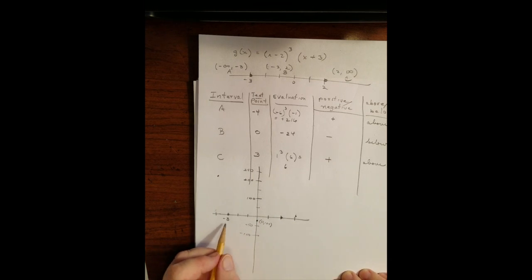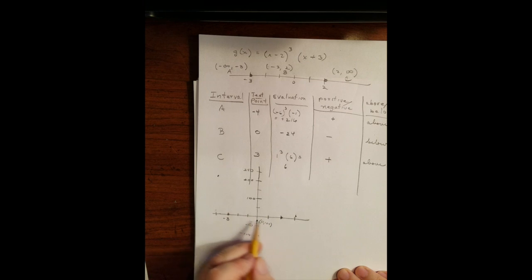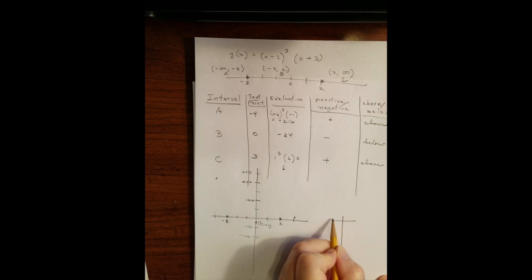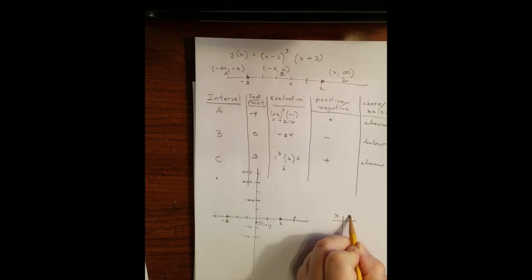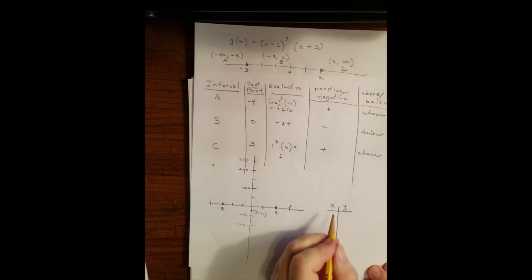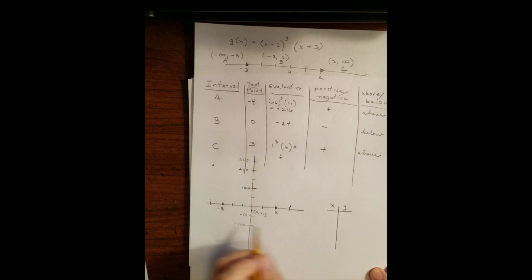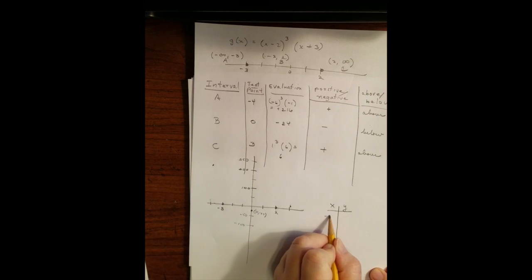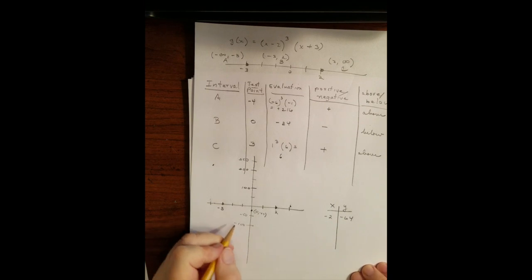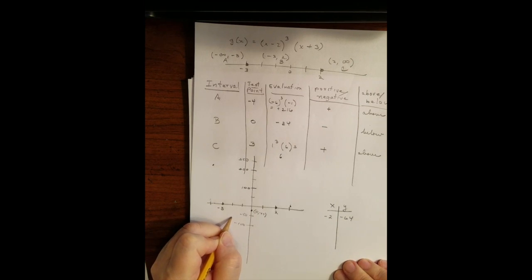Okay, so we're not sure what happens between -3 and 2, so I found some more values, which is what's suggested if we can't really tell what the graph is going to look like. And so I'm going to pick -2, and at -2 we got -64, and so that's about right here.